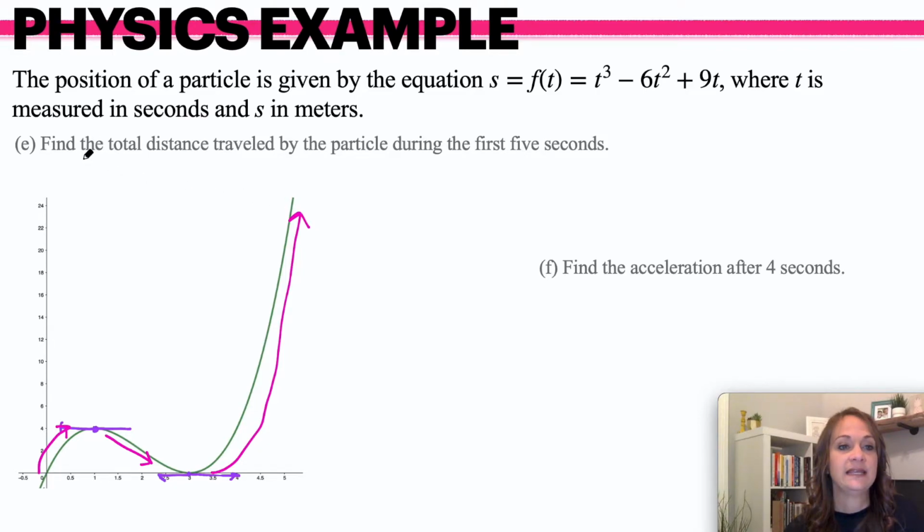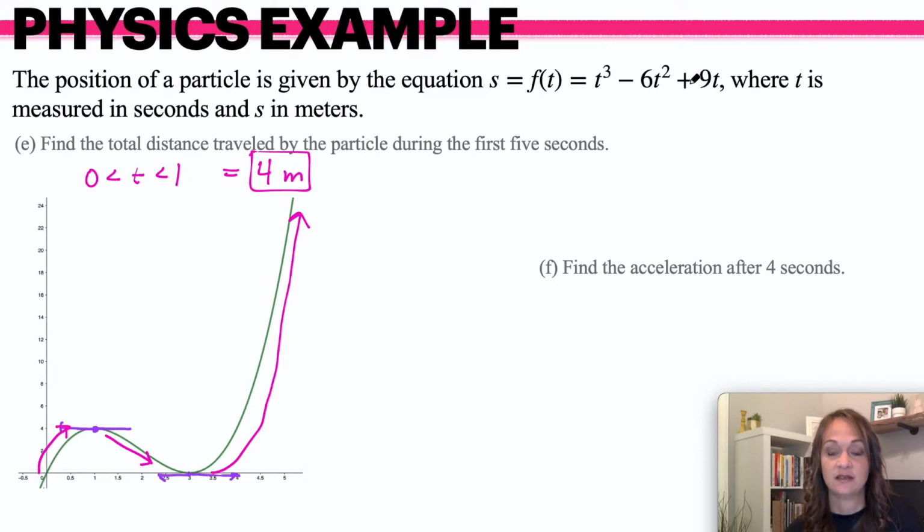So part E says find the total distance traveled. Well, we know that from the starting position up to 1 second, it moved 4 meters, because you can look at the graph, or you can plug in the distance from 0 to 1 and you'll be able to get what the distance would be.